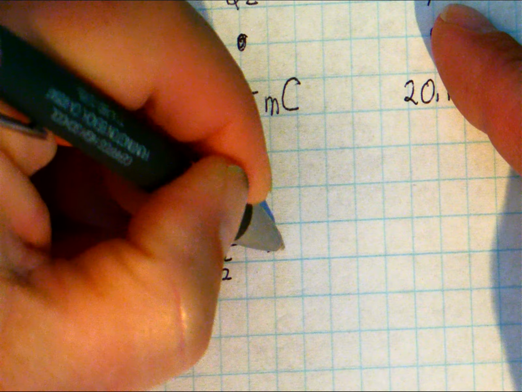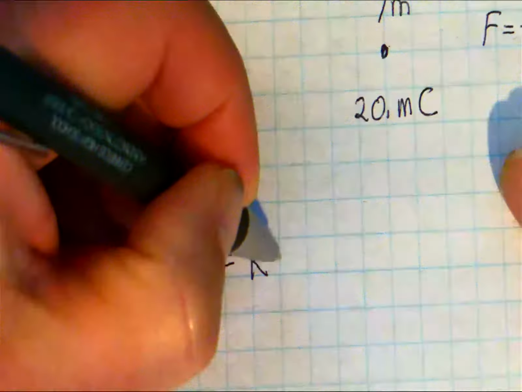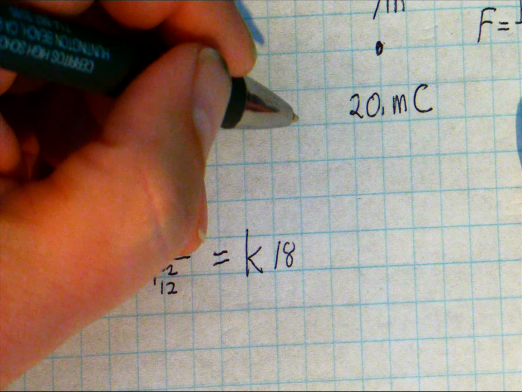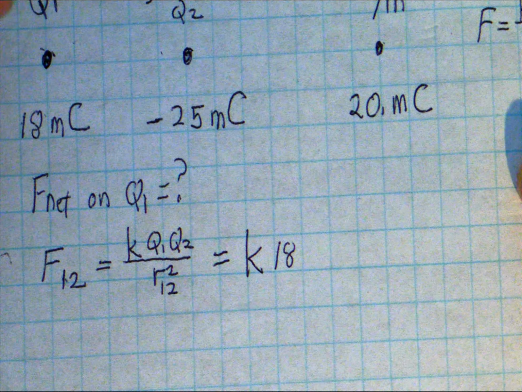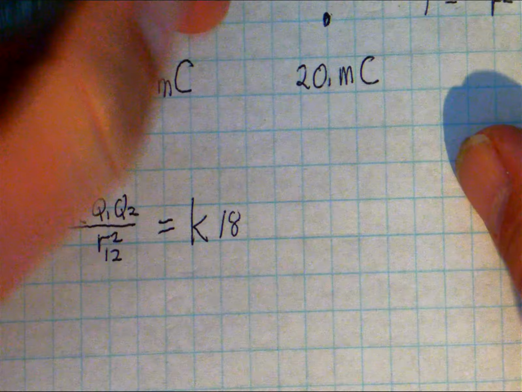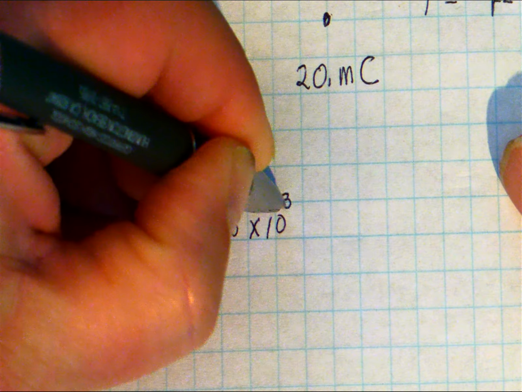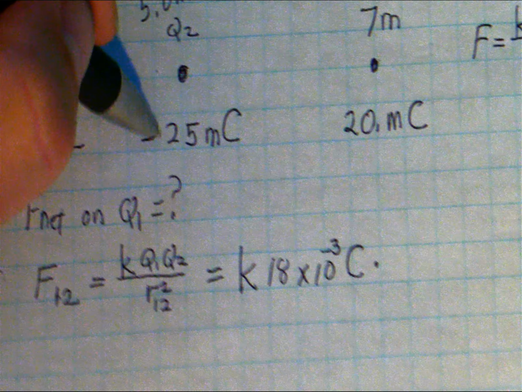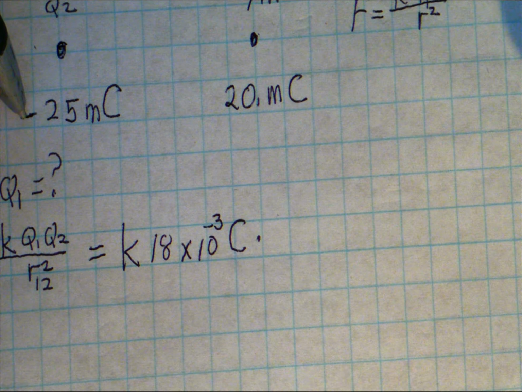Into my calculator, I'm going to type in K, 18. On a TI calculator I would actually type second EE negative 3, but here I'm just going to write it in scientific notation. So times 10 to the negative 3 coulombs times, if you can keep track of the minus signs in your head, that's great.